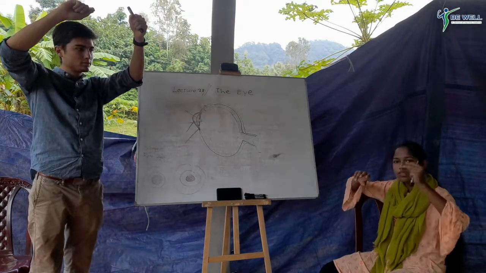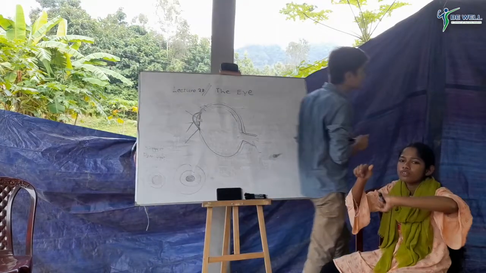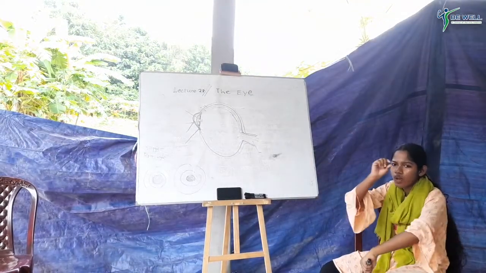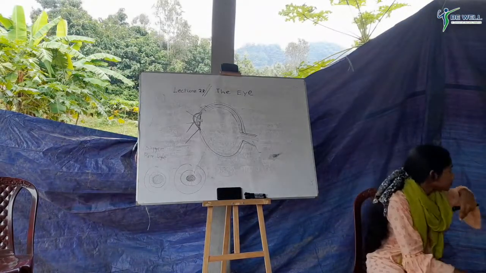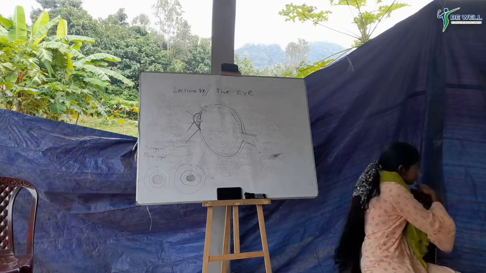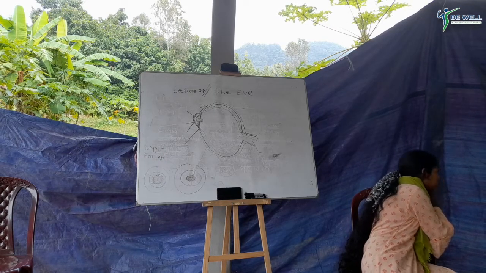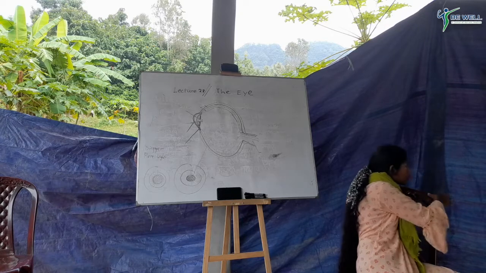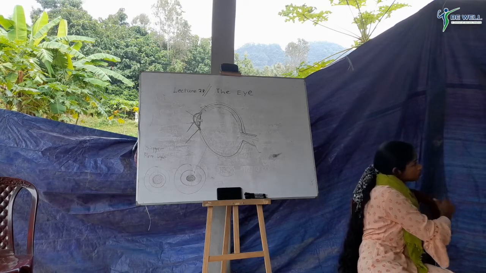Look at this little hole. Tiny hole, right? It's not letting in a lot of light. But if this hole was this big, it would let in more light, right? Yes.